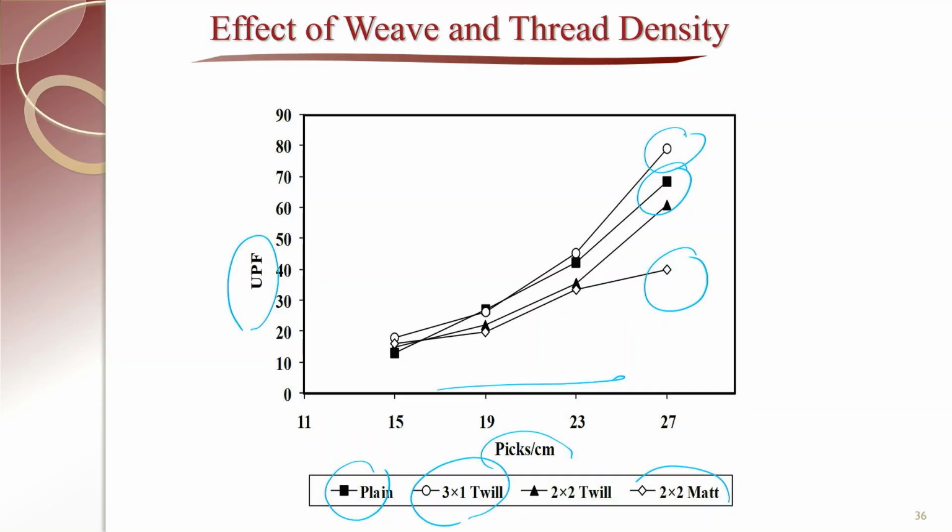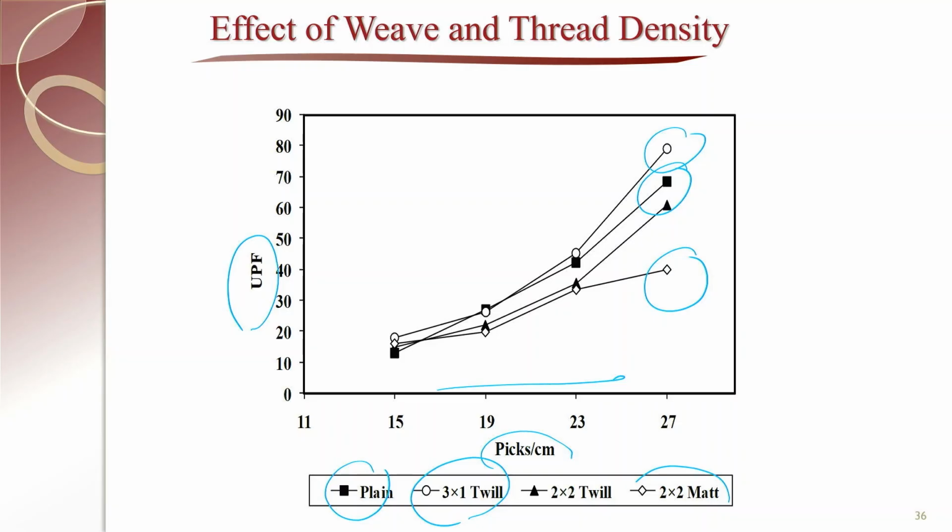It is not necessarily the same trend. This is actually reported by one researcher, but this trend may not be true for other structures. But effectively, plain weave can generate a very highly compact structure because of the higher interlacement.